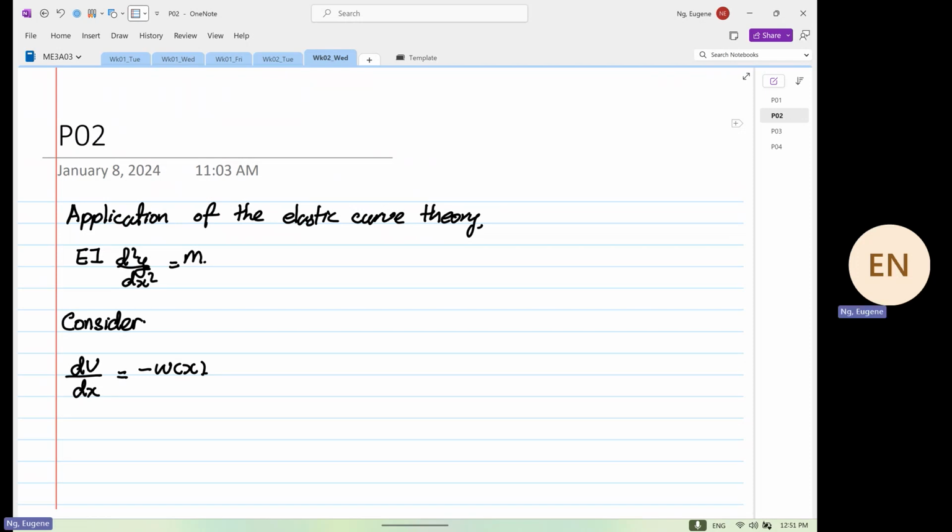So let's think about a structure that is very simple.